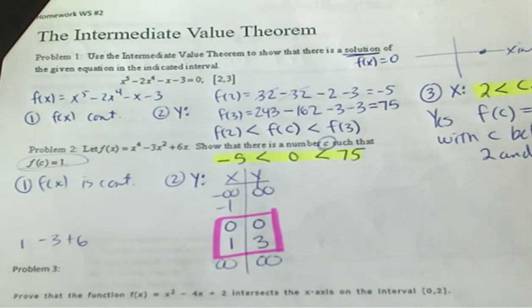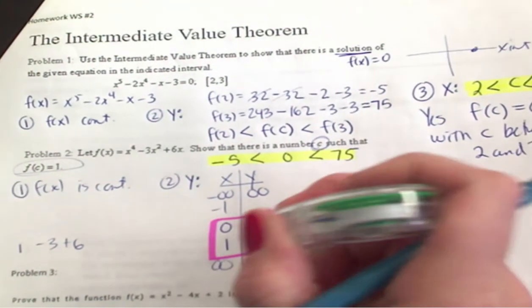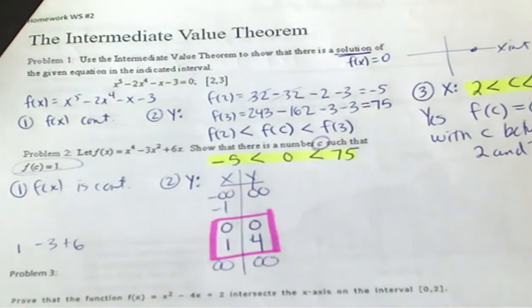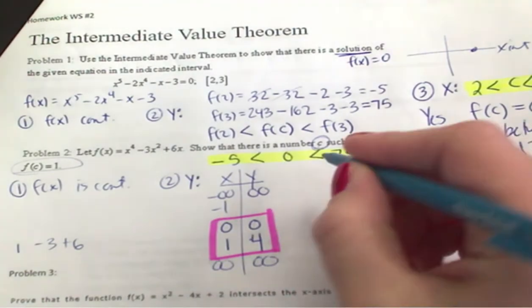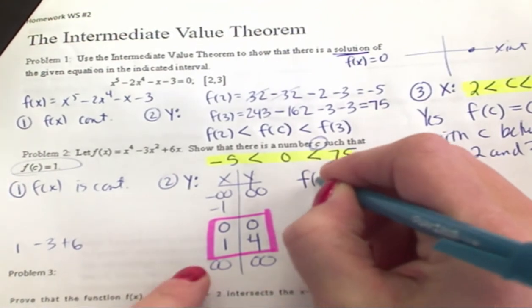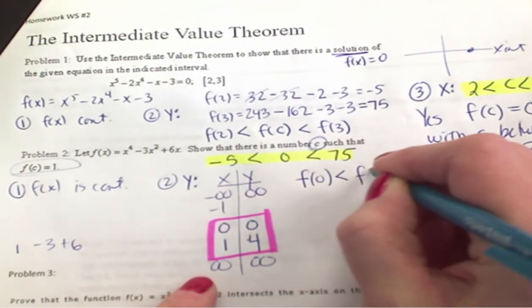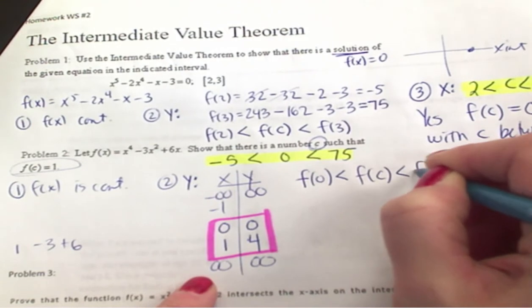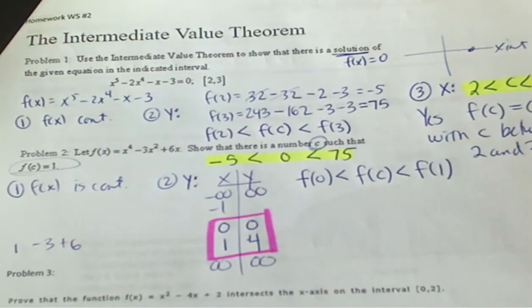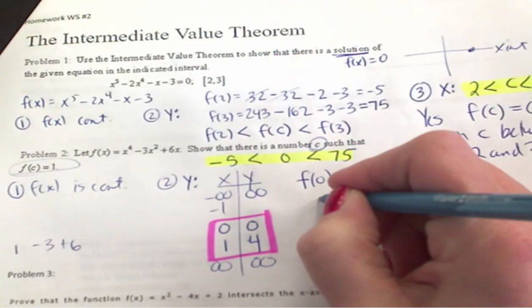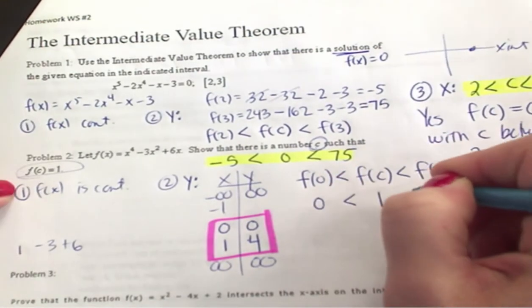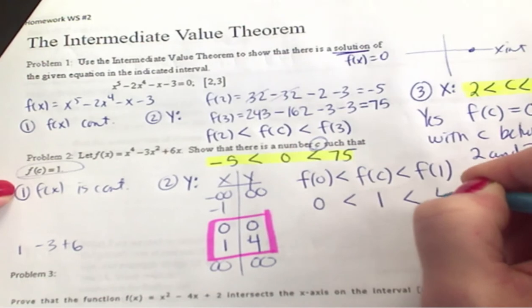Okay, so now I'm actually going to write my inequality. Still positive, so at least we're there. 4. Write your y inequality. F of 0 is less than f of c is less than f of 1. 0 is less than 1 is less than 4.